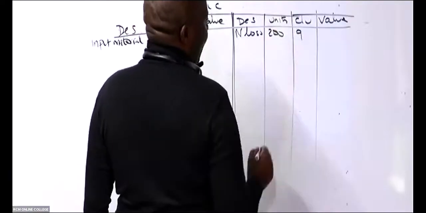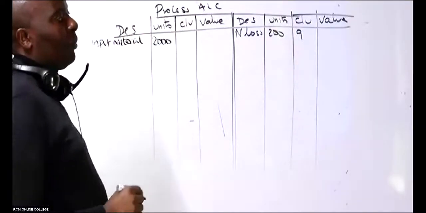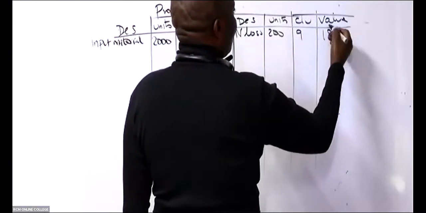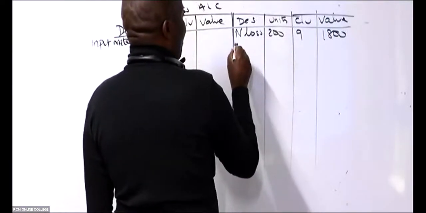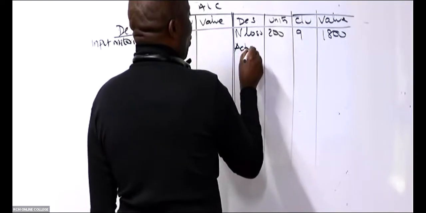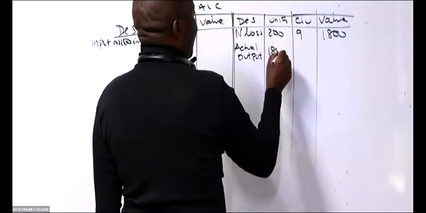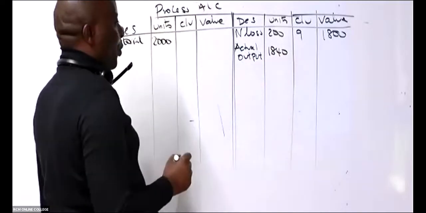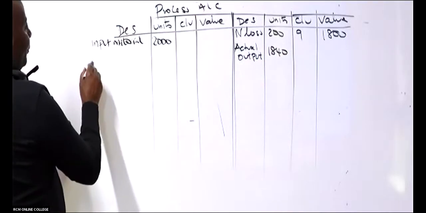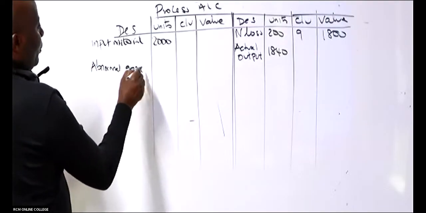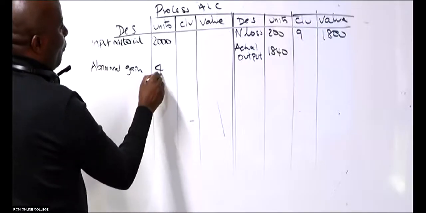And they have told us we are scrapping at 9 bob still. So 200 at 9 gives me 1800. We have in this case actual output, 1840. We have abnormal gain of 40.